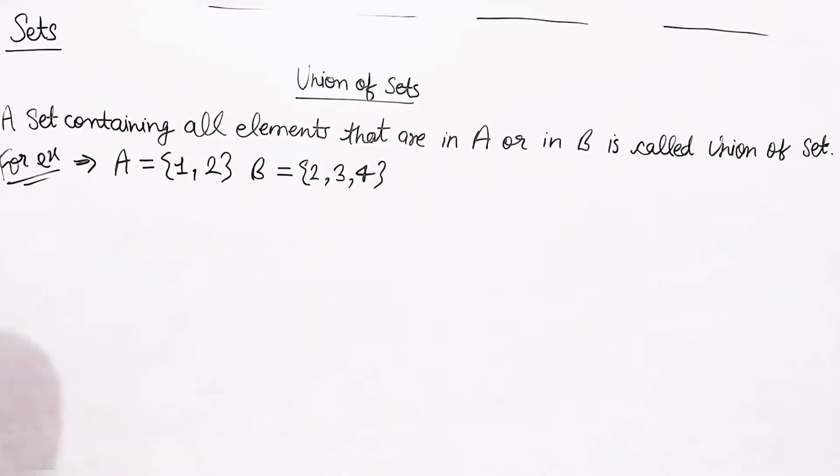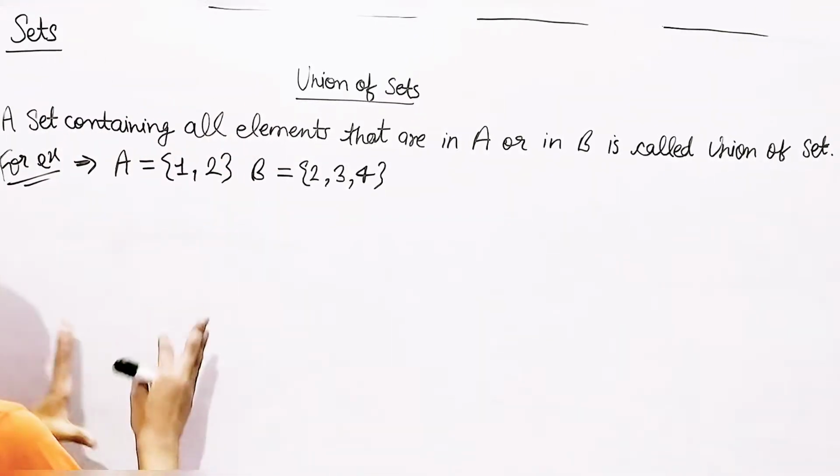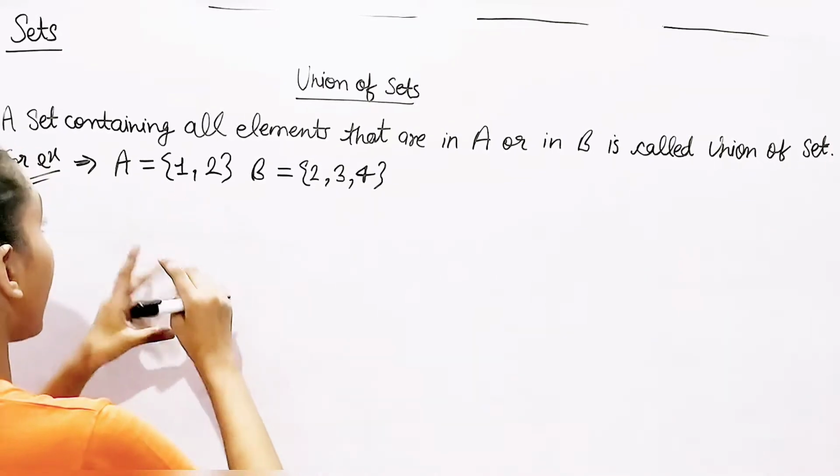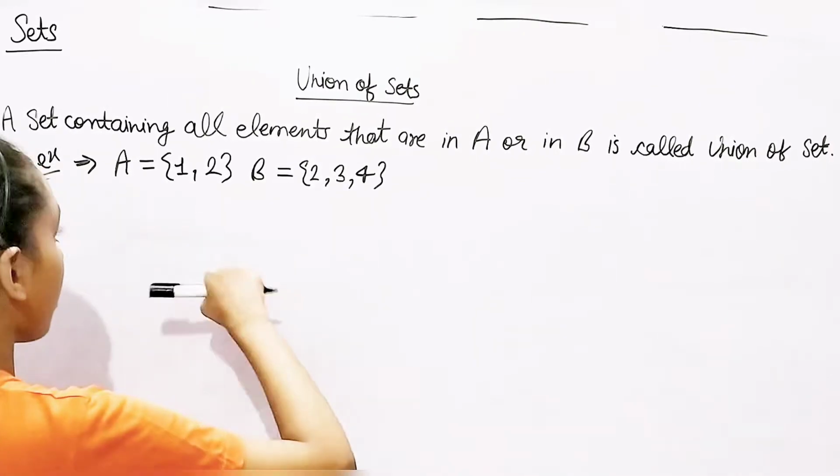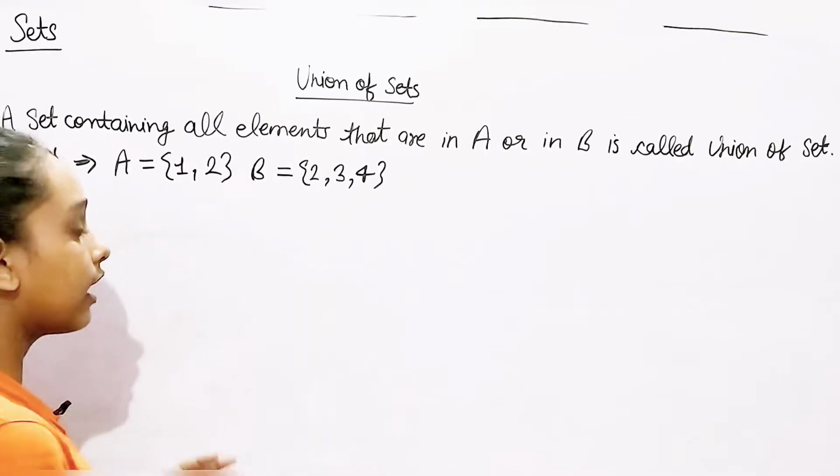In a union of sets, we have to write all the elements once that are in the sets given to us.